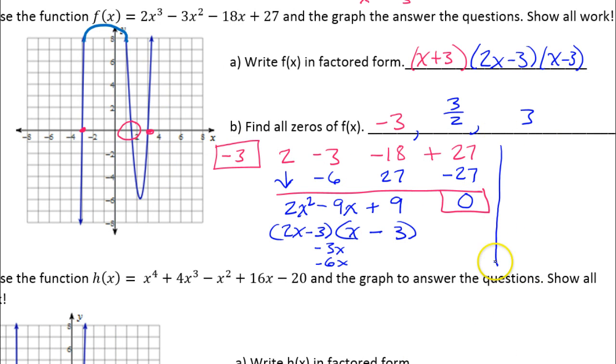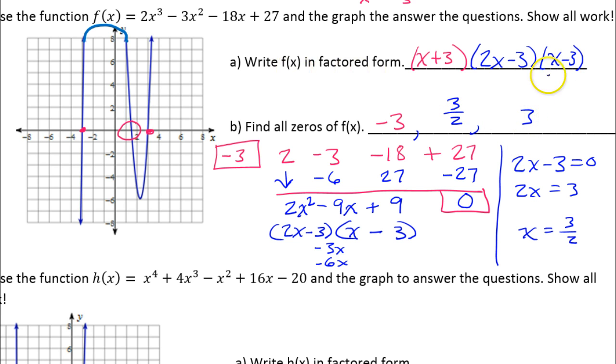I'm taking 2x minus 3, because some students will make a mistake on this, setting that equal to 0, and solving. If I add 3 to both sides, that's 2x equals 3. If I divide both sides by 2, that's x equals 3 over 2. So that's where this is coming from. Similarly, setting the other factor equal to 0, you get 3.